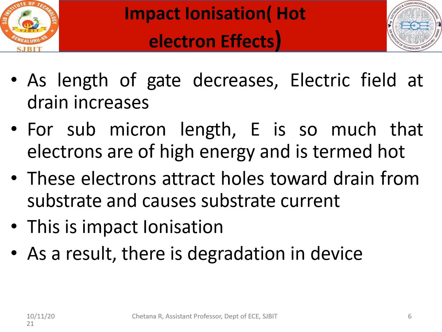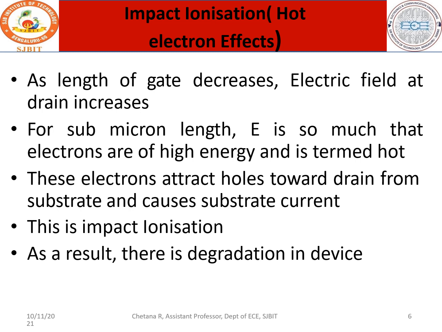We have something called impact ionization, also called hot electron effects. As the length of the gate decreases, the electric field at the drain increases. So as the gate length is reduced, the field is also increased.